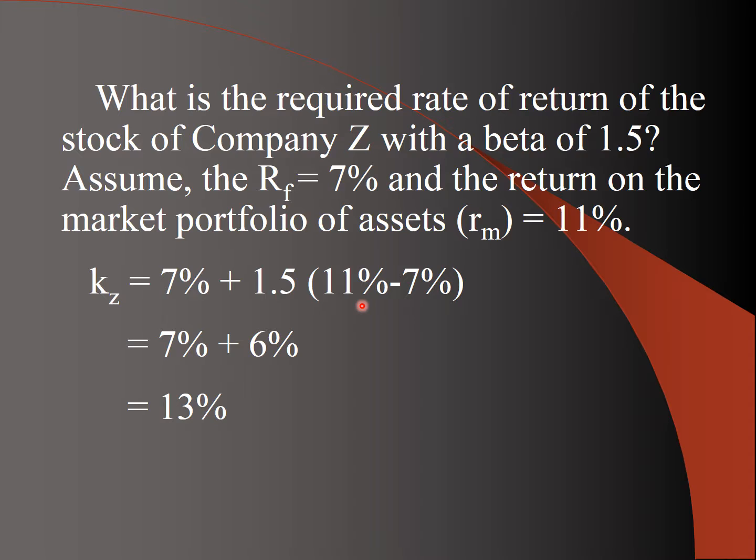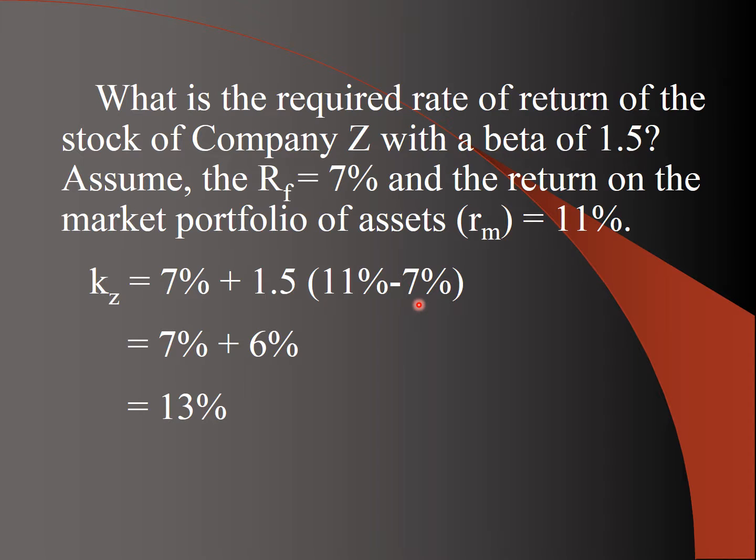Because the market has a beta of 1, it is average risk, and if the market is paying 11%, it's paying 4% over the risk-free rate, so therefore the market risk premium is 4%.